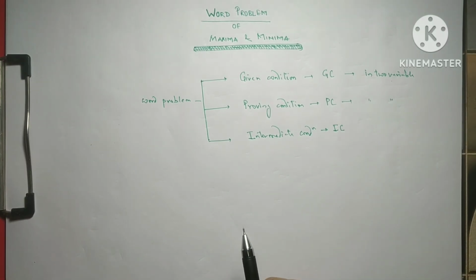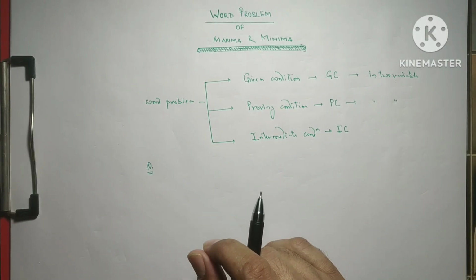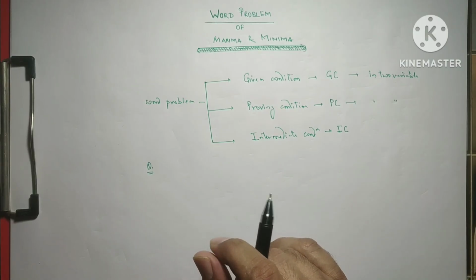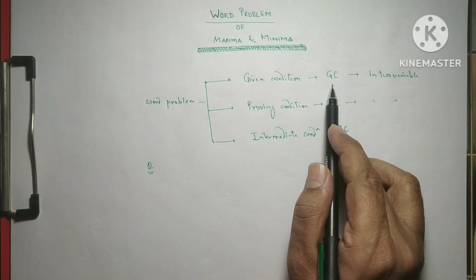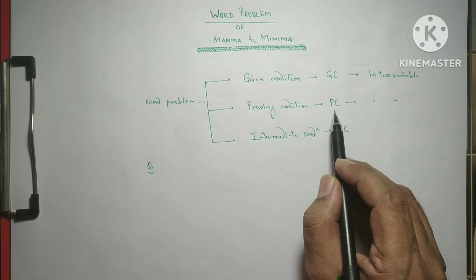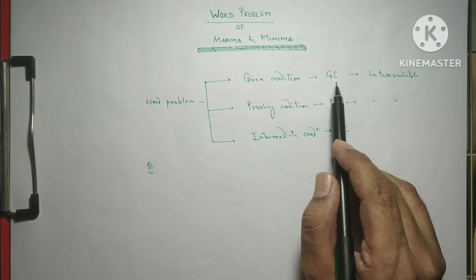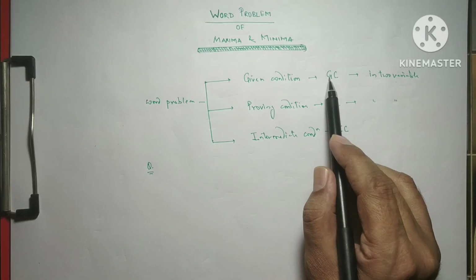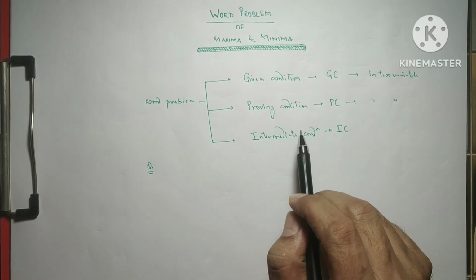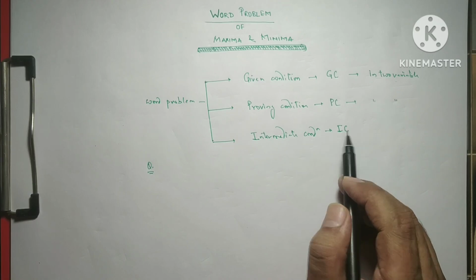Like we are taking a question, show that all the rectangles with given perimeter, this is GC, the square has the largest area. So largest area is proving condition, and a rectangle with given perimeter is given condition, and intermediate condition, it should be a square.